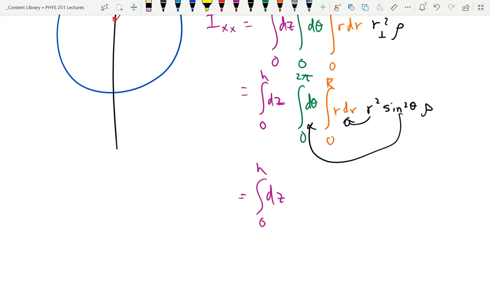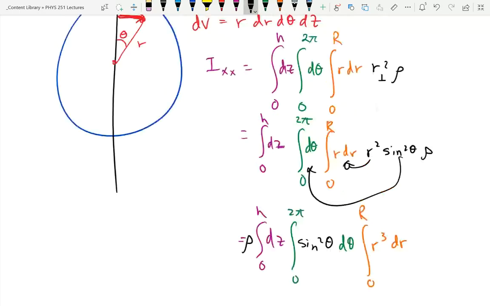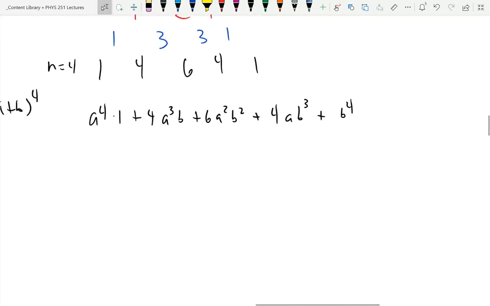And I can't forget the rho, which I think I might have forgotten in the intermediate term up here.